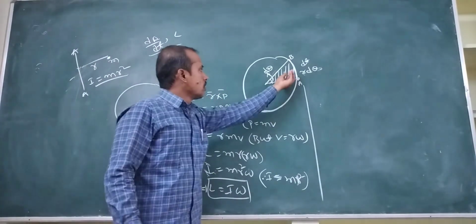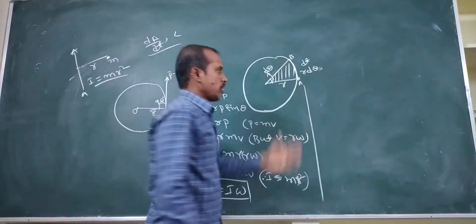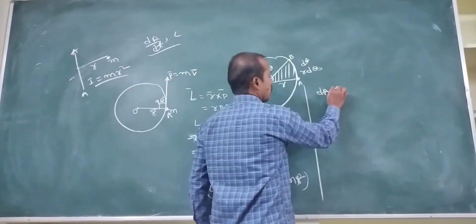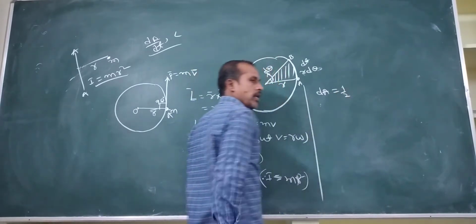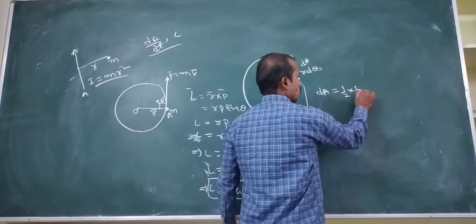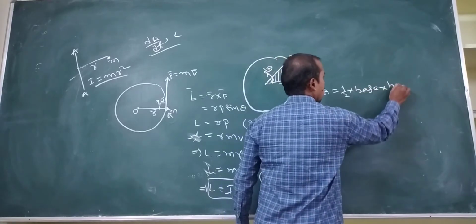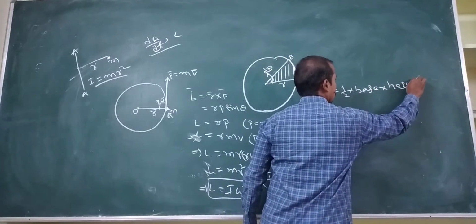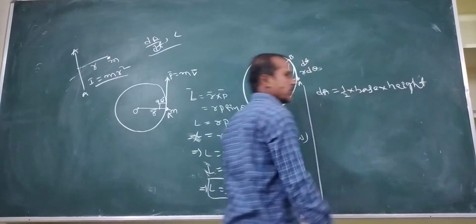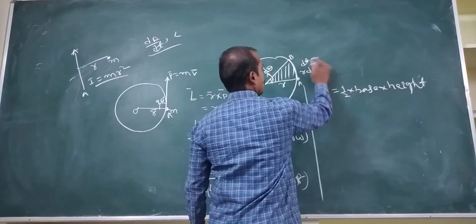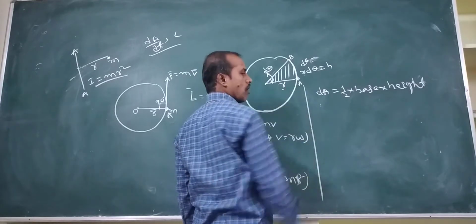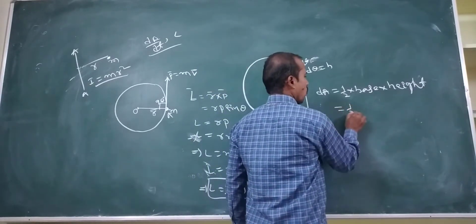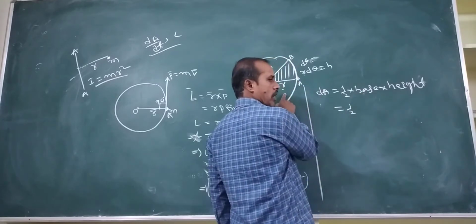The area of this region dA is equal to one half of base into height. Base is equal to r, that means the radius vector.